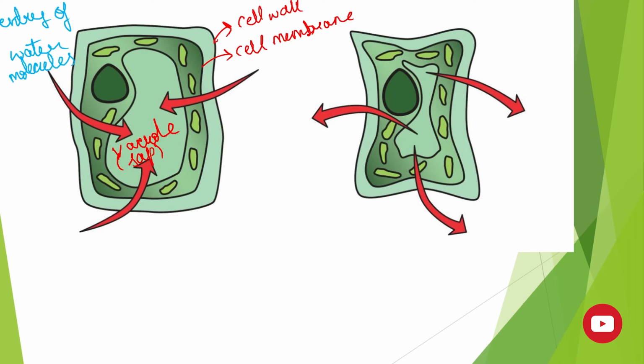This is known as endosmosis. Why endosmosis? Because water is going inside the cell. Anything going inside is known as endo. And the process is osmosis, because it is involving the entry of water molecules.